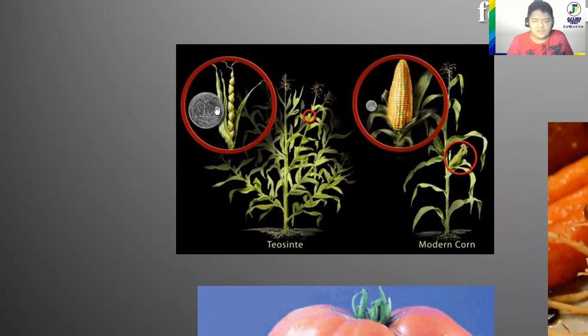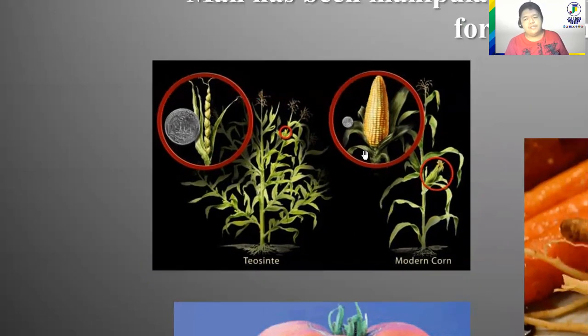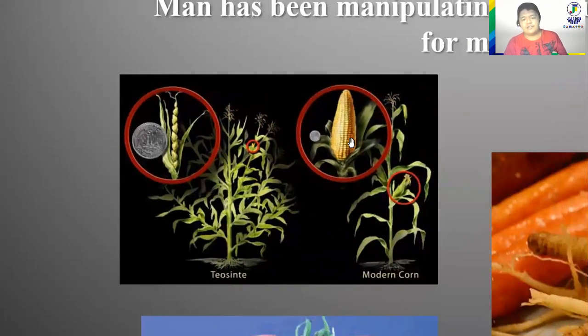But with the development of modern agriculture, through many years of developing the species and selecting the best crops, modern corn or maize now looks like this, one cob of corn with all of these ears. Pretty amazing for a species like this.